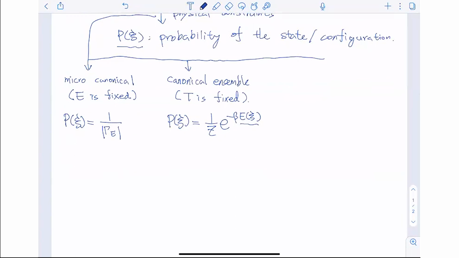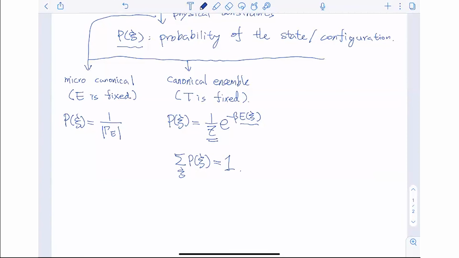And Z here is the partition function. The method to fix this partition function is the normalization condition of the probability. That is, the sum of the probabilities of different microscopic configurations should be 1.